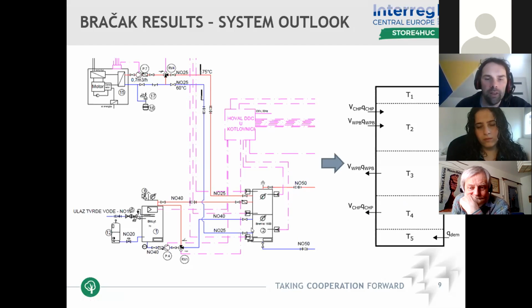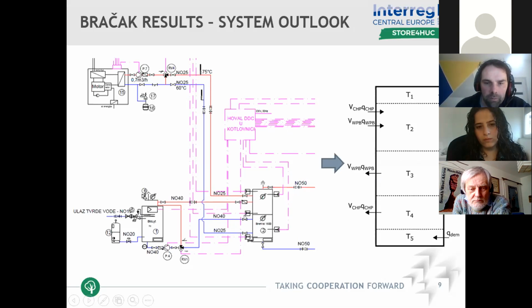We have also another source. It is a wood pellets boiler, which also takes water from one level of the storage. This is level 3. It takes the water, heats it up, and returns it to level 2. You can see this circle for the wood pellets boiler here in this graph on the left.